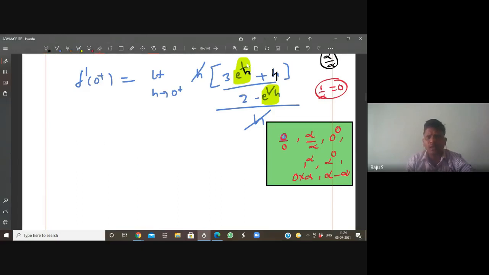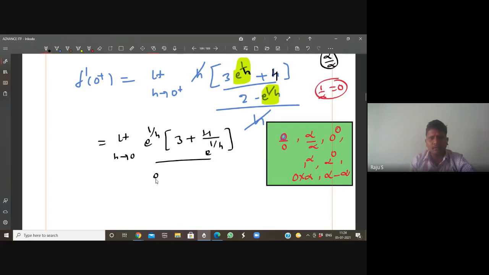Like here, I take e to the power of 1 by h common. So this is equal to limit h tends to 0 of e to the power of 1 by h common, then 3 plus 4 by e to the power of 1 by h, divided by 2 by e to the power of 1 by h minus 1. I'm taking it common from numerator and denominator.